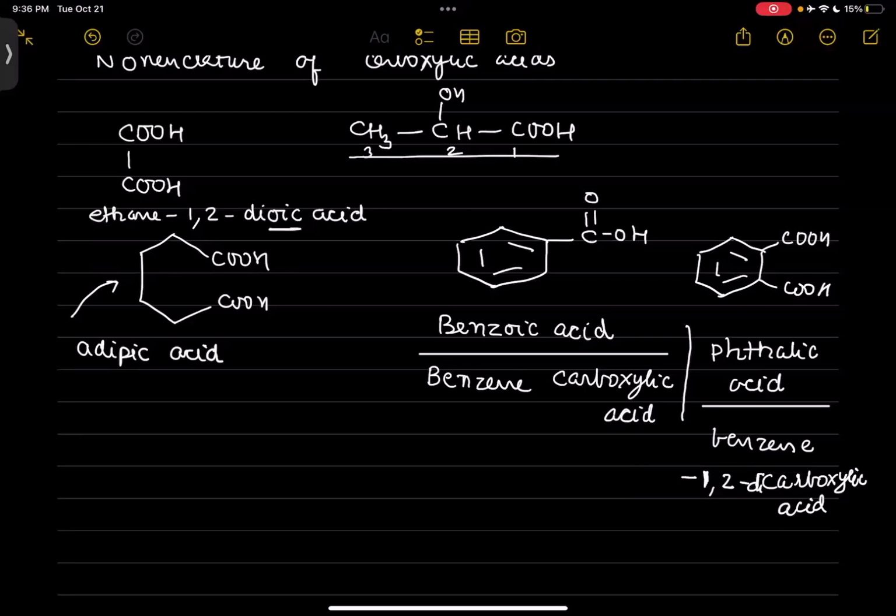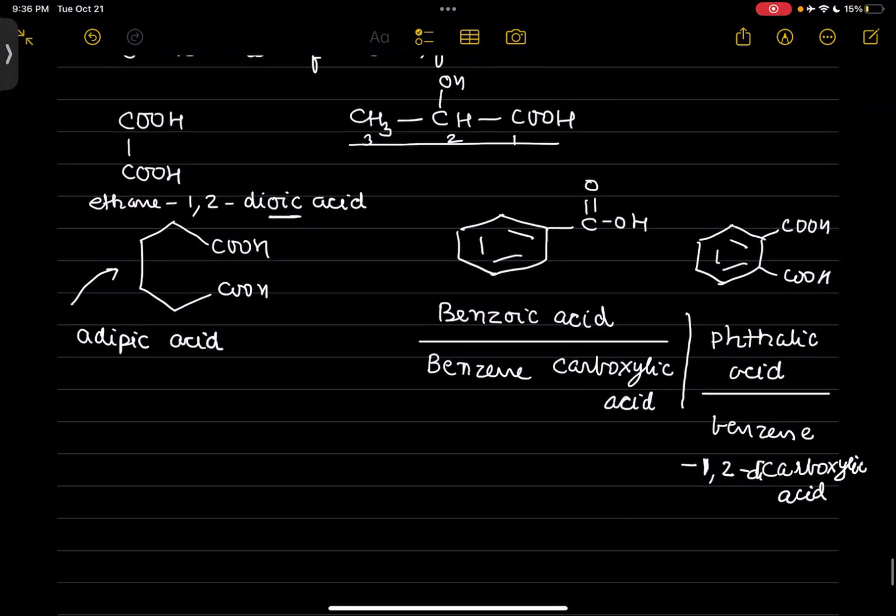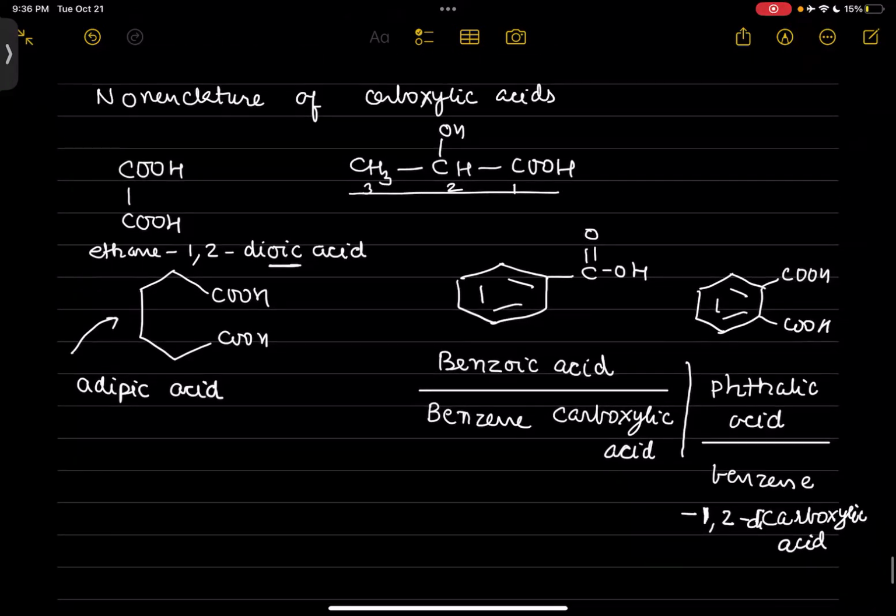Some common carboxylic acids: acetic acid is also very common. Formic acid is methanoic acid, which you must have studied from class 10th. Then oxalic acid. This you must remember.